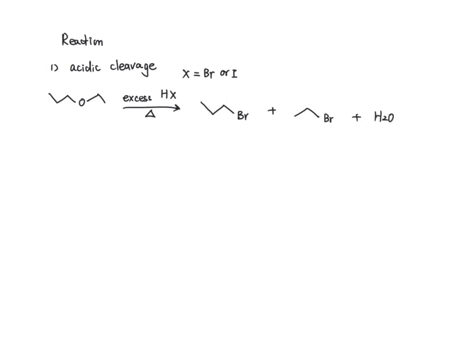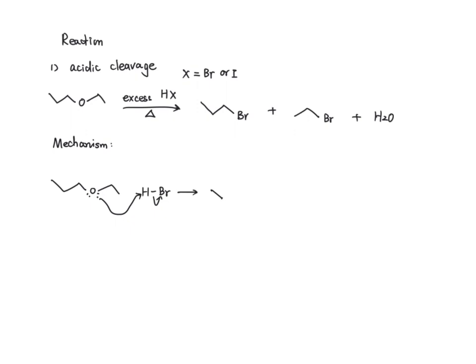Okay, so let's look at the reaction mechanism and why bromide and iodide are the only ones that work in this reaction. So for example, we start with our ether, and for the first step, let's just use the bromide. What happens here is proton transfer, right?